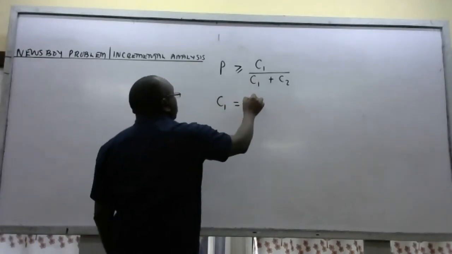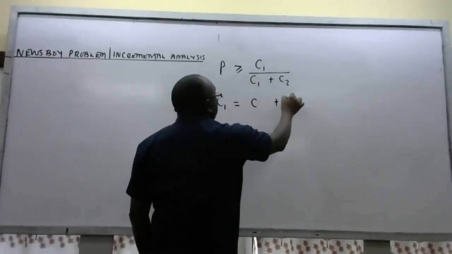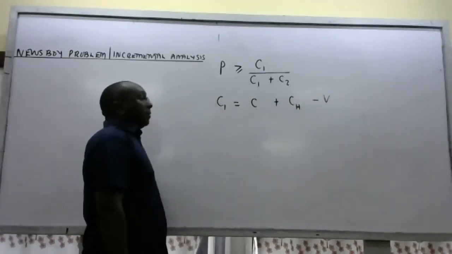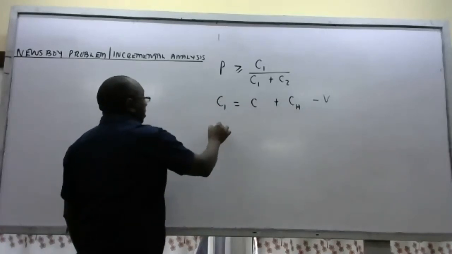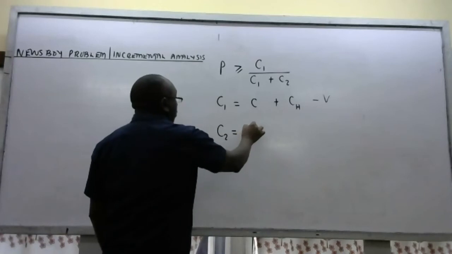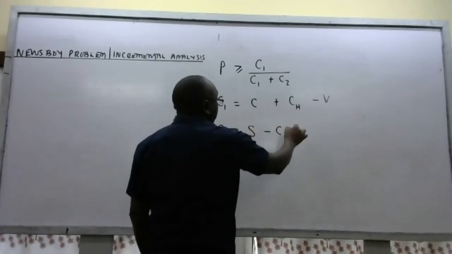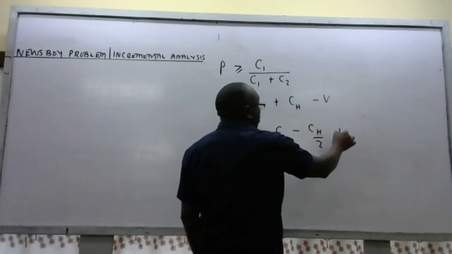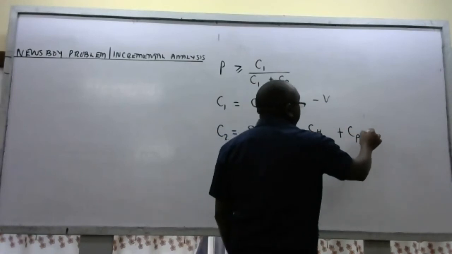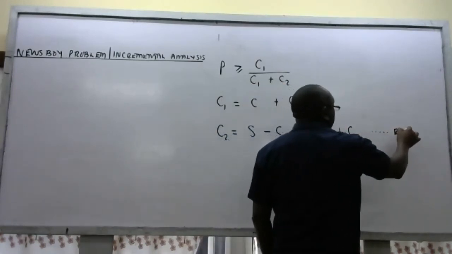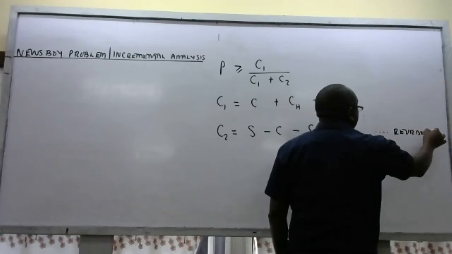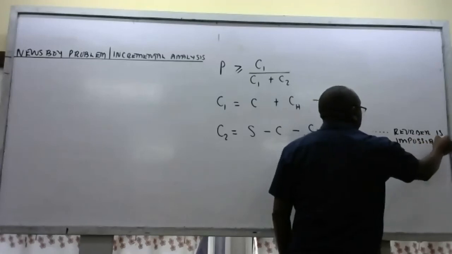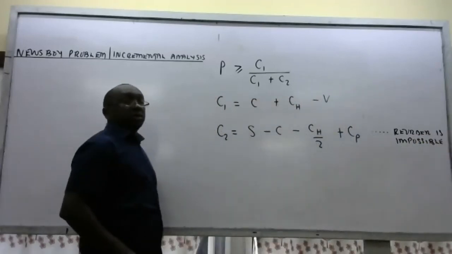C1 is equal to C plus CH minus V. C2 is equal to S minus C minus CH out of 2 plus CP, and this is when the order is impossible.